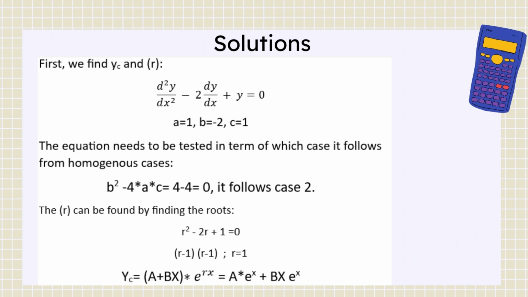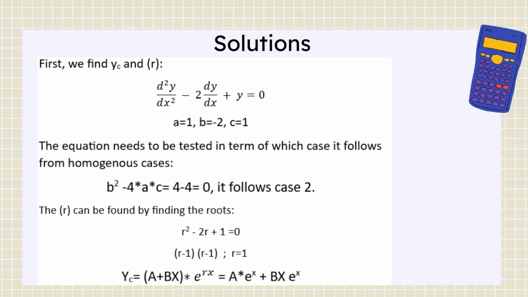After that, we need to check which case it follows in the homogeneous cases. By taking b squared minus 4 times a times c, we find that it is equal to 4 minus 4, which is 0, so it follows case number 2.